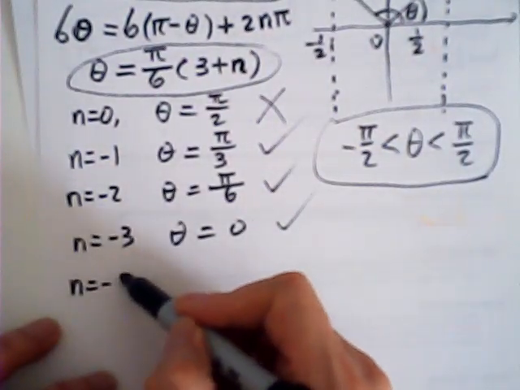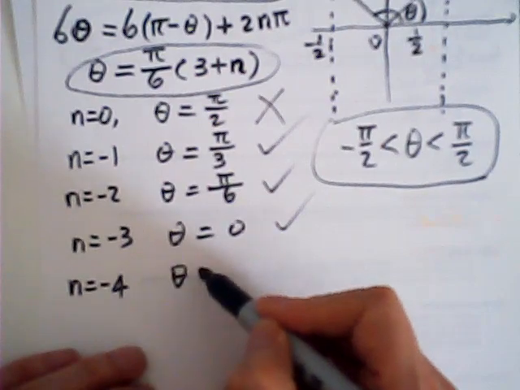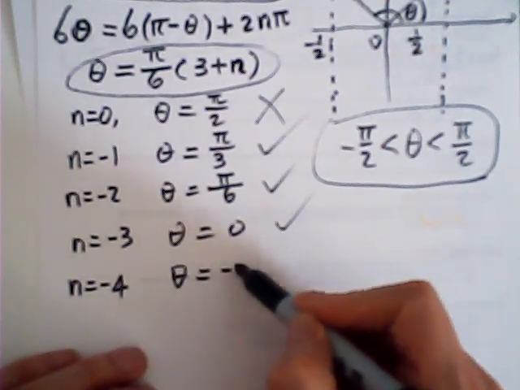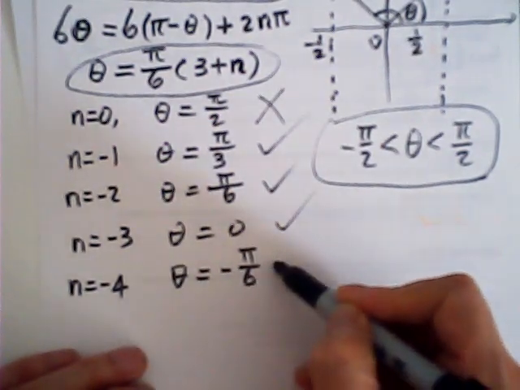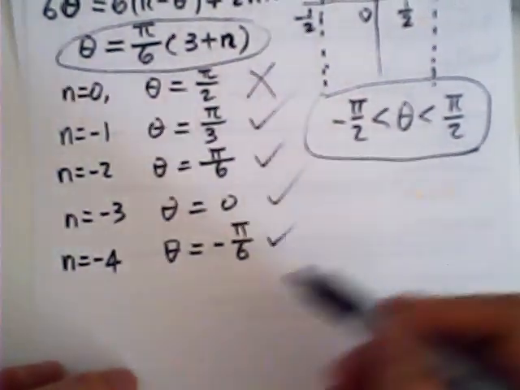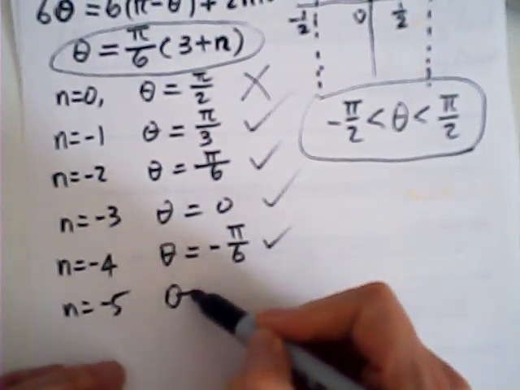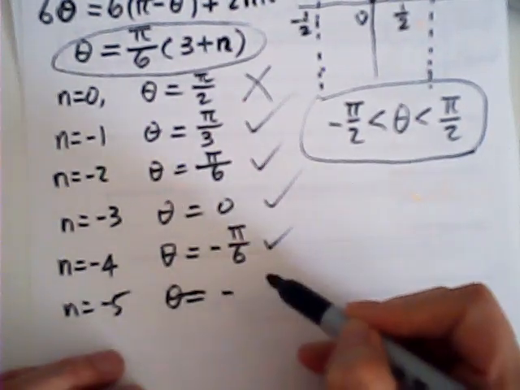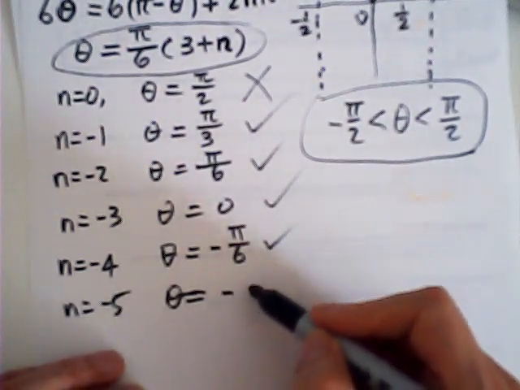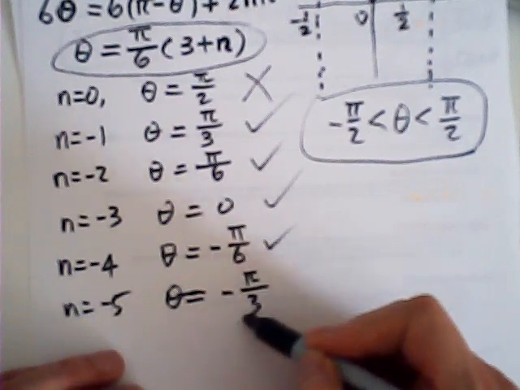N equal to -4, theta would be -1/6 pi, right? That is okay. N equal to -5, theta will be equal to -1/3 pi. This is okay.